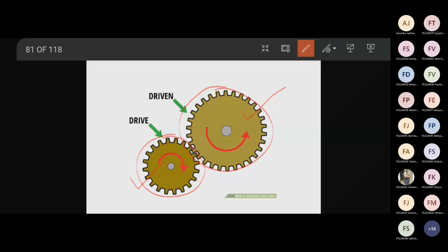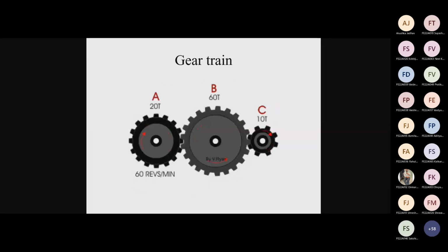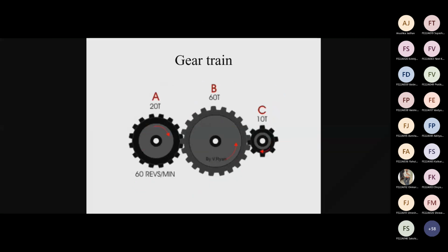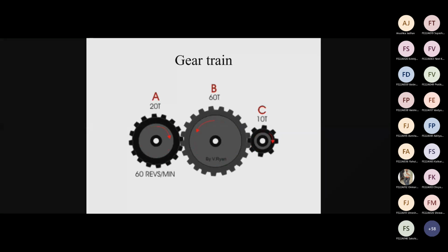Right? So this is the driver and this is the driven. Here you can see the number of teeth and all this, right? This is the gear train.